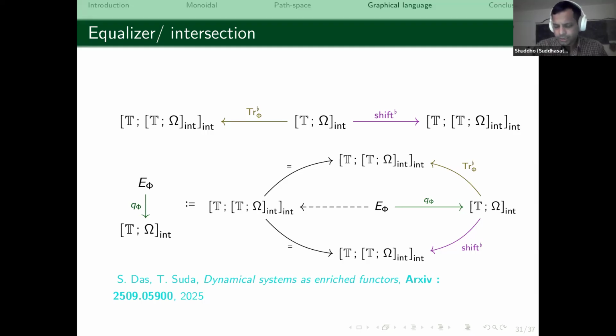Also, any path space leads to a natural transfer operator, which is familiar to anyone working with operator theoretic aspects of dynamical systems. It's manifested often as the Perron-Frobenius operator.